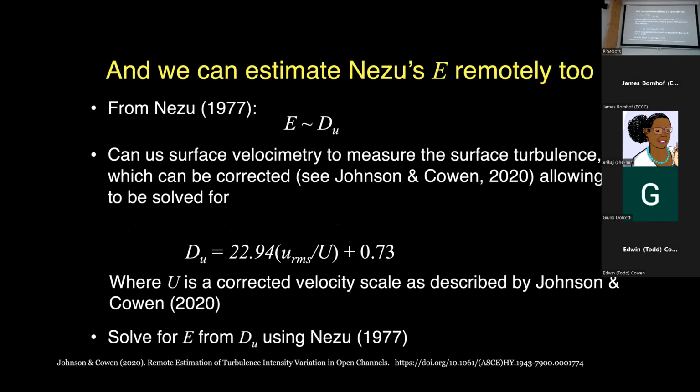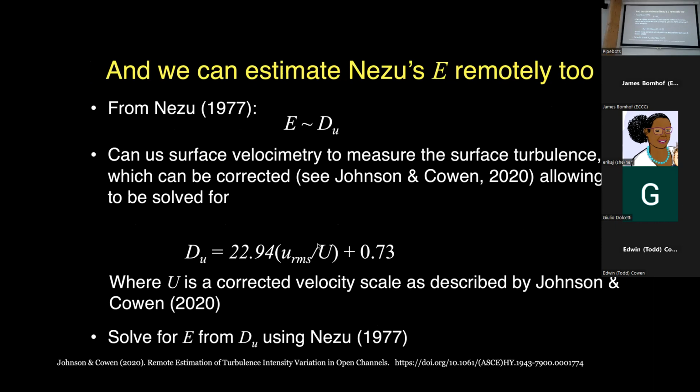So that gets at how do we get at Nezu's empirical E? Well, again, we turn to Erica Johnson, who figured it out as the final piece, really, of her thesis. You can measure the surface turbulence, and she calculates URMS.